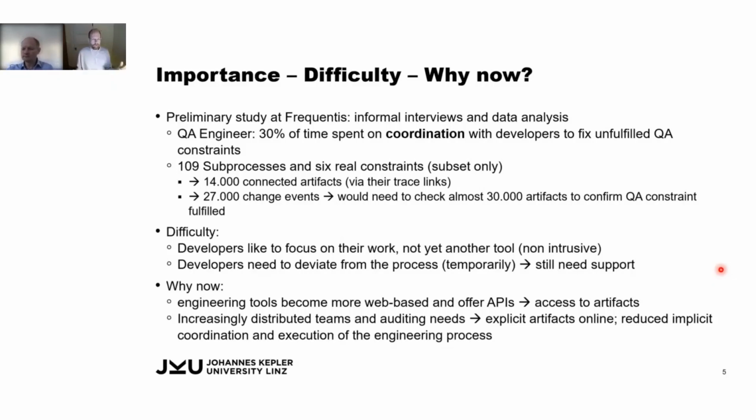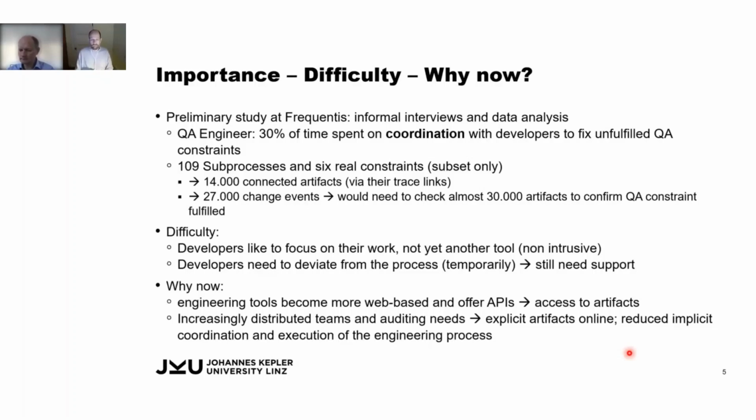There's a lot of work on process support from the mid-90s, but now we actually have the ability to connect more easily to those tools and to evaluate much better what is really needed by these development teams.